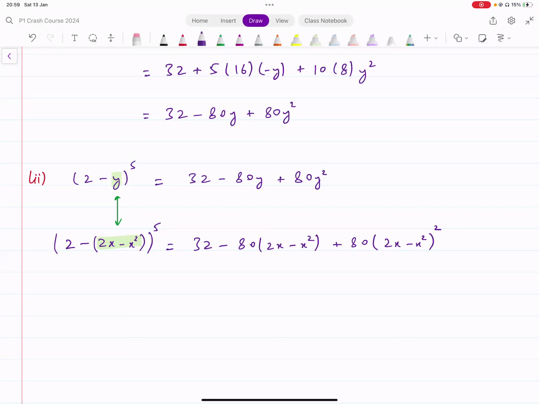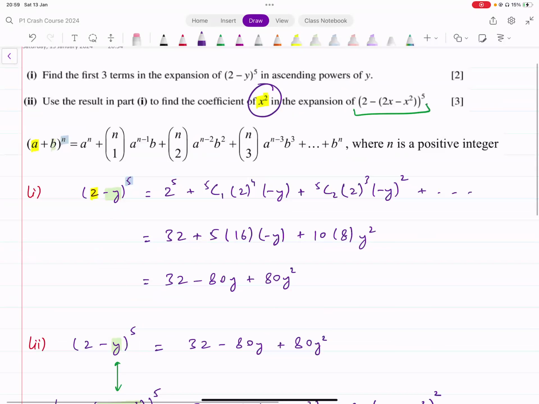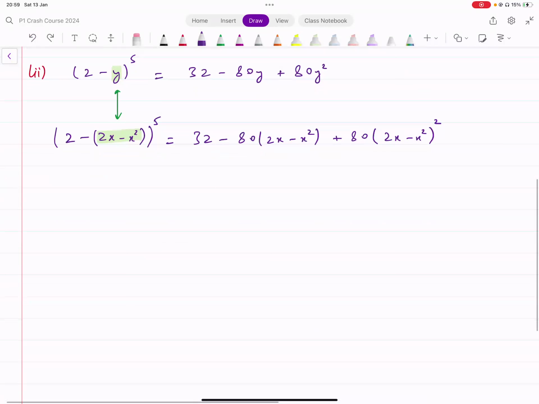And now, what are we looking for? We're looking for the coefficient of x squared. We can just simplify this and find the coefficient of x squared from this. Let's simplify. We get 32 minus 80 into 2x. That gives us 160x plus 80x squared plus 80. Now expand this. This is a minus b whole squared. You can do this directly, right?